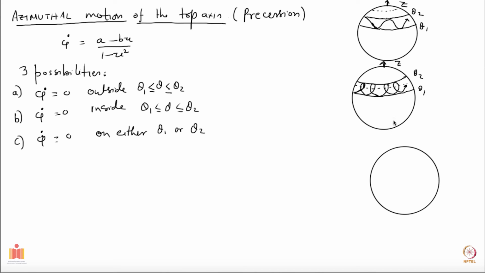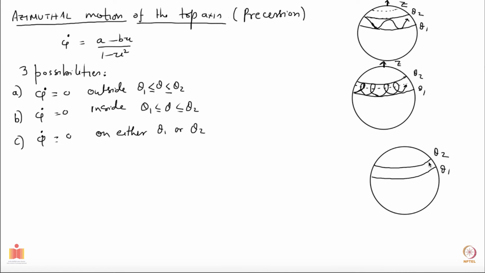It will make loops. Then the third option is that phi dot is 0 either on theta 1 or theta 2. Let me draw it again. This is theta 1, this is theta 2, and let's suppose that theta 2 is the place on which phi dot goes to 0.